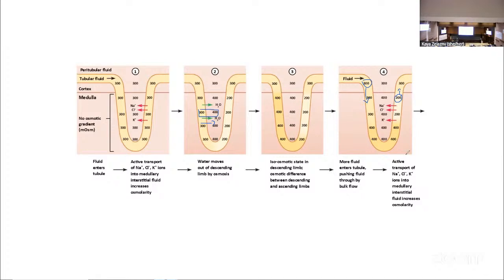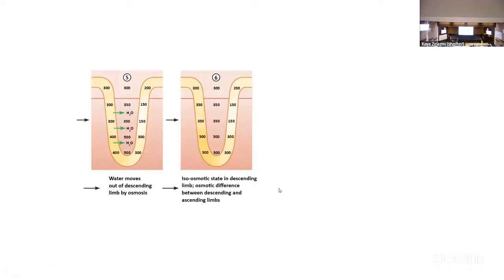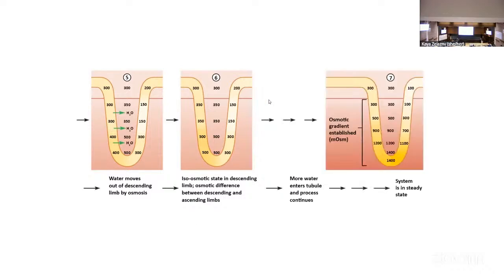So we start to see differences again so that we can continue movement of water out of the descending limb. We can see that we're starting to establish a gradient here. So we keep this difference. The gradient is changing in part because this fluid is continuing to push forward. Briefly, we might cross through an isoosmotic state.